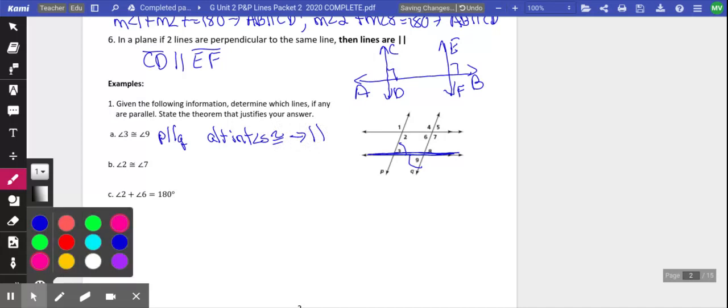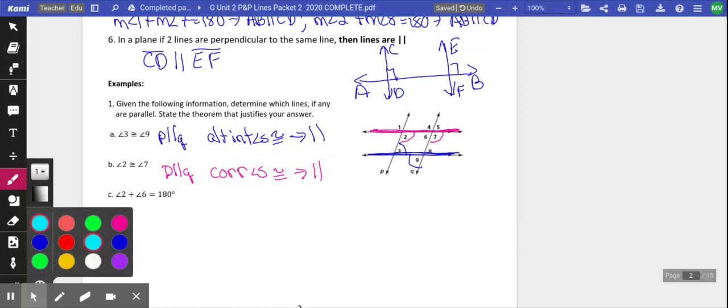So now if we look at 2 and 7, 2 and 7 are up here. So this line's my transversal, which also means P is parallel to Q, but these are corresponding angles. Congruent implies parallel.